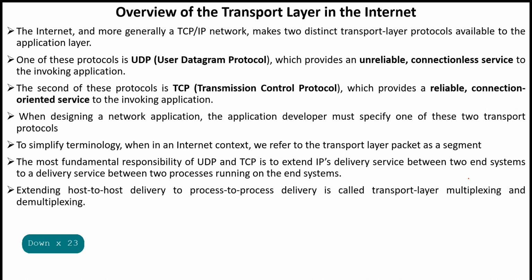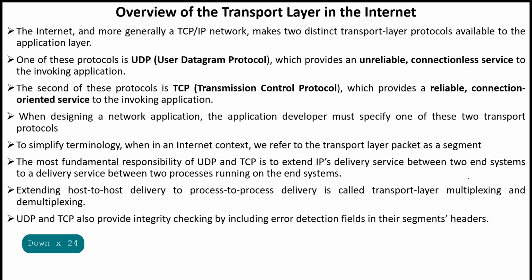Extending host to host delivery to process to process delivery is called transport layer multiplexing and demultiplexing. UDP and TCP also provide integrity checking by including error detection fields in their segment headers.